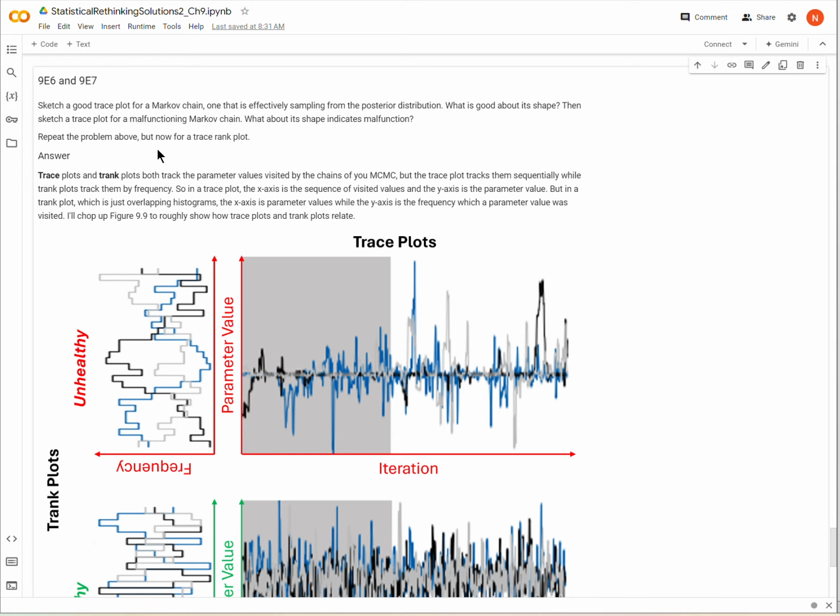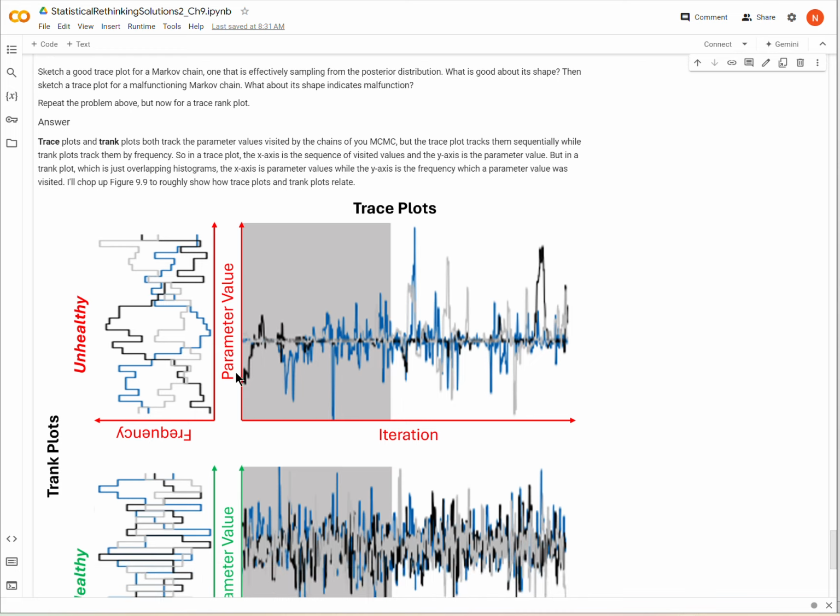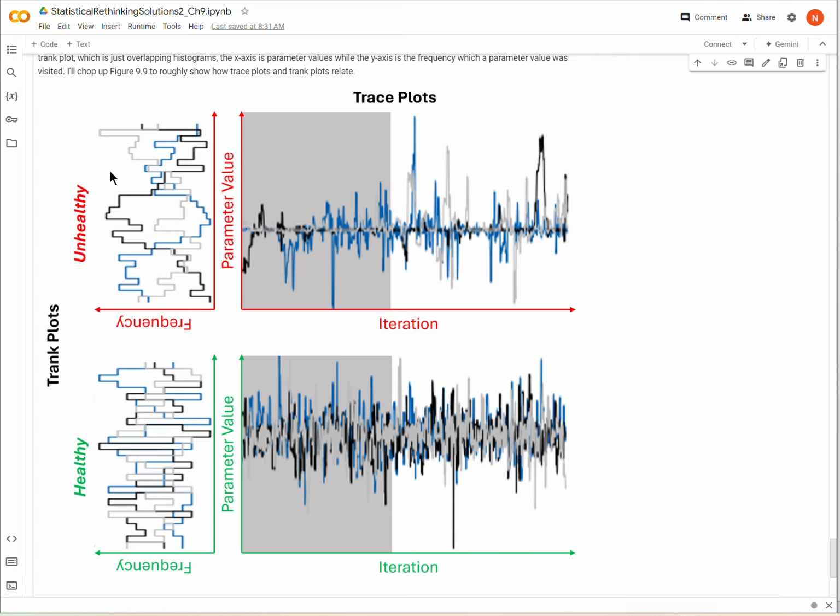So first, let me talk about what the difference is between trace plots and Trank plots, or trace rank plots. Here I have two Trank plots on the left, and two trace plots on the right. The top one is unhealthy chains, and the bottom one is healthy chains. A trace plot traces each iteration of each chain.